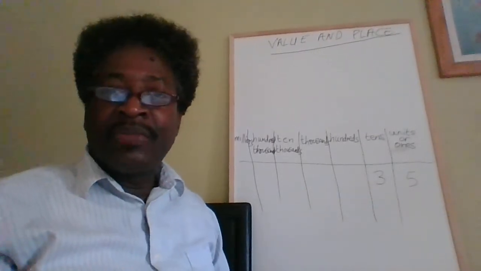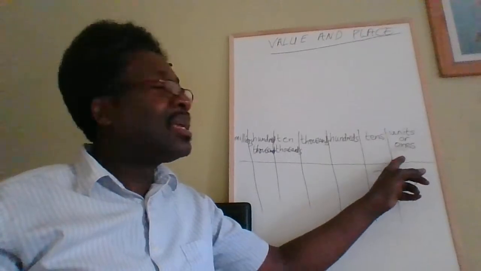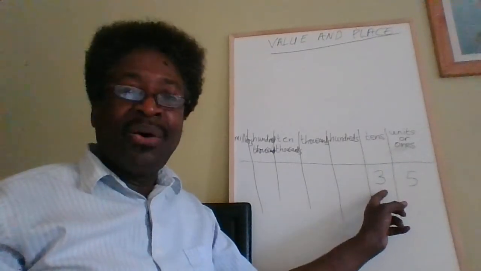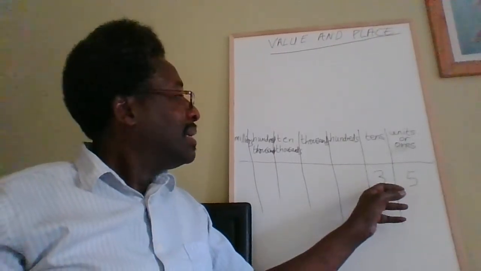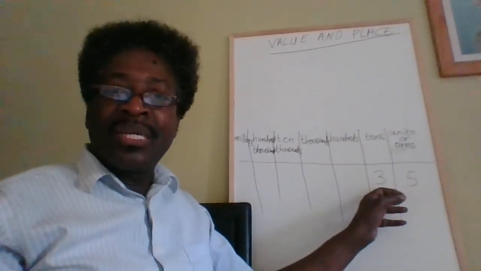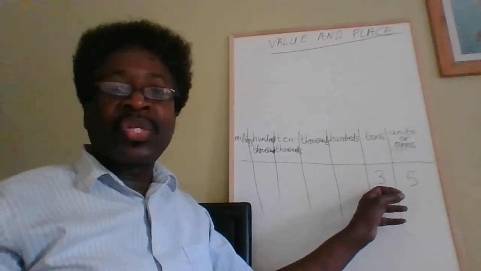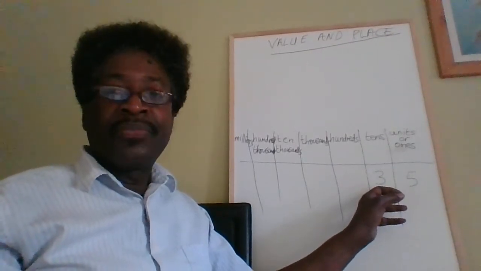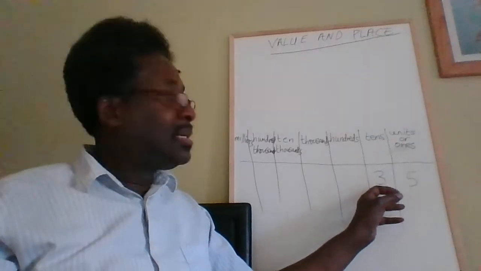Let me be more specific. The digit of 5 goes under the place value of units or ones. The digit of 3 goes under the place value of 10. This digit of 3 does not have a value of 3. This digit of 3 does not represent 3 cars, or 3 apples, or 3 shirts, or 3 eyeglasses.